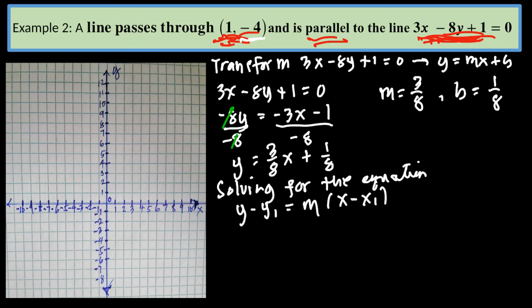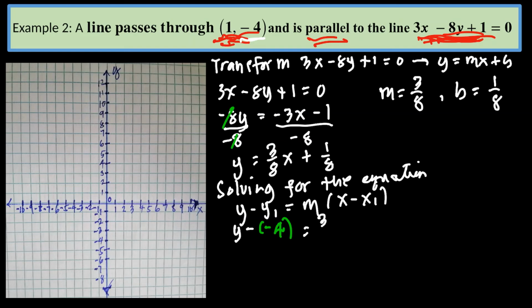Our y sub 1 is negative 4, so we have y minus negative 4 equals, and the slope is 3 over 8, the same slope that we have in the line 3x minus 8y plus 1.